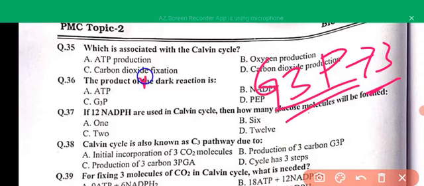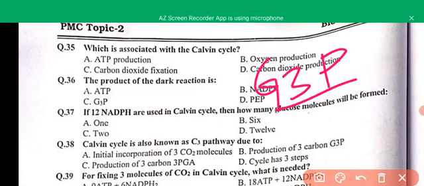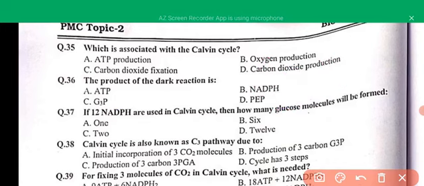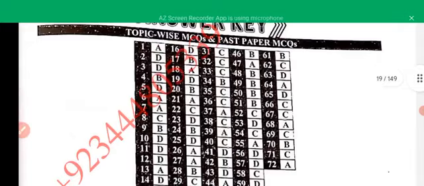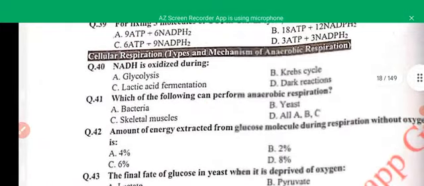Glucose is a 6-carbon molecule, and 12 NADPH are used for producing a 6-carbon molecule. So for 12 NADPH we can produce only 1 glucose molecule. So that is the best option for 37.